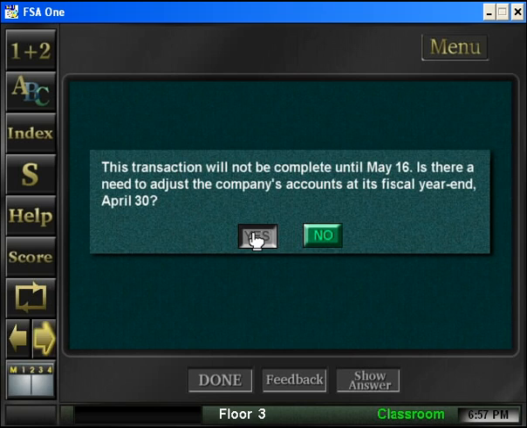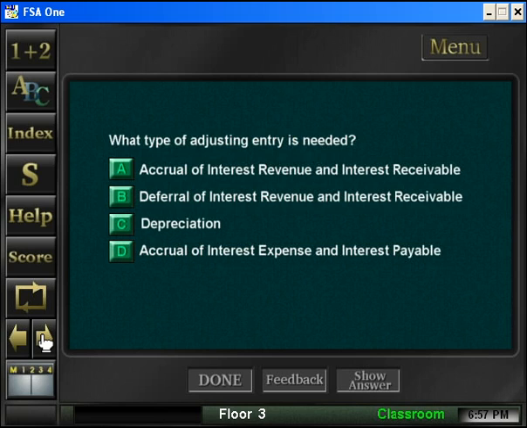You are correct. Sorry. The adjustment necessary is classified as an accrual of an expense, because cash will be paid later.